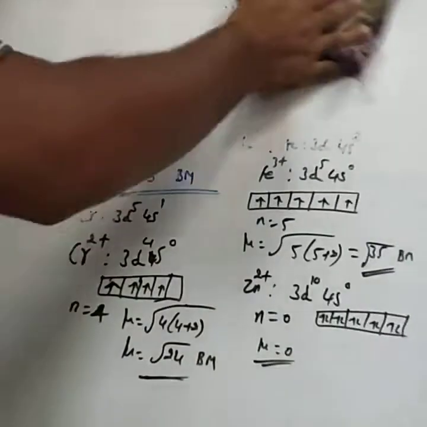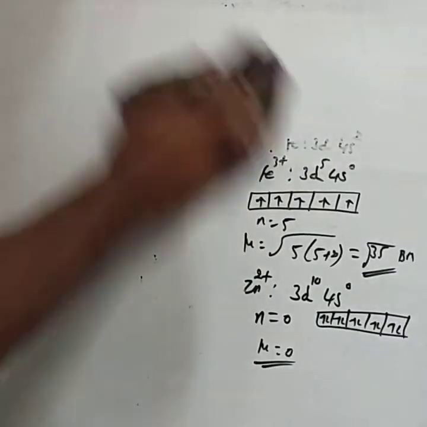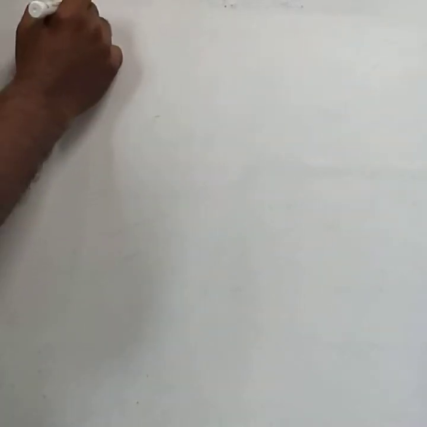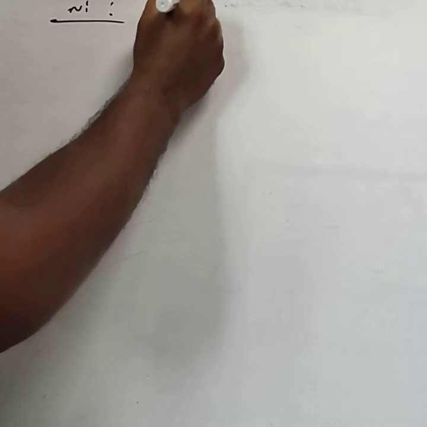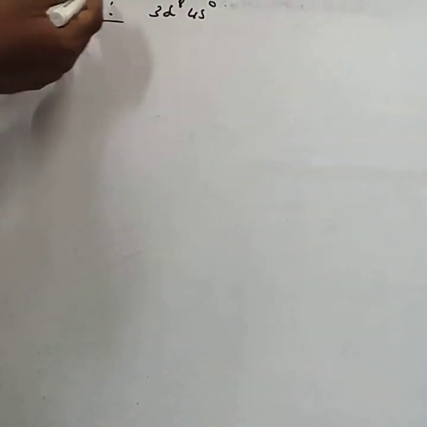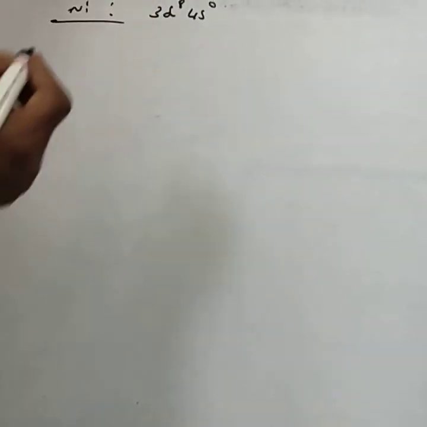You can practice for a number of 3d series elements, that is scandium to zinc. From scandium to zinc, they can ask any ion. One more example, nickel 2+. Nickel is 3d8 4s2, so nickel 2+ means 3d8 4s0.